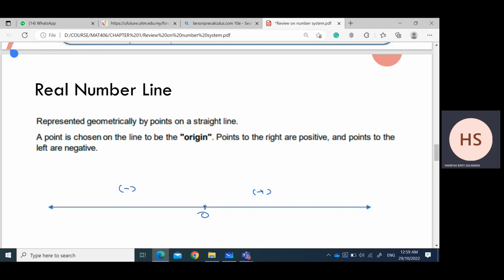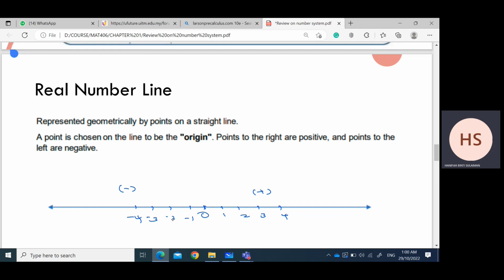Okay, contoh kita di tengah-tengah kosong and then di sebelah kanan kita start dengan nombor 1, nombor 2, nombor 3, nombor 4 and it goes to infinity, positive infinity. And in the left hand side it started from negative 1, negative 2, negative 3, negative 4 and so on. Okay, so makna kata kalau untuk negative integer ni ataupun negative number, semakin ke kiri nilai dia semakin kurang, semakin kecil.